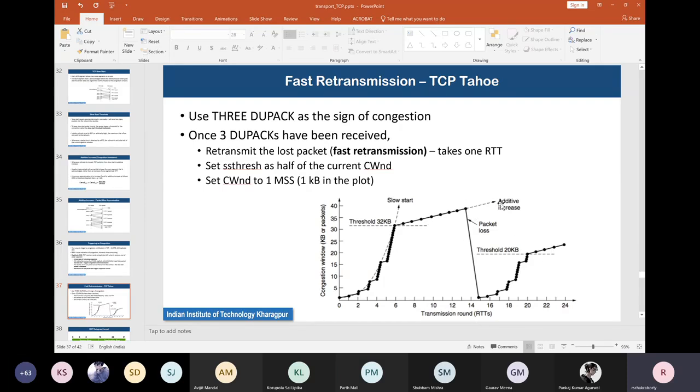This was close to 40 maybe, so it set it to half of 40, that is 20 kilobytes. And then from 1 you again perform slow start exponential increase. So your CWND drastically falls to its initial value of 1, the minimum value possible, and your threshold goes to half of the point from which you had to fall.